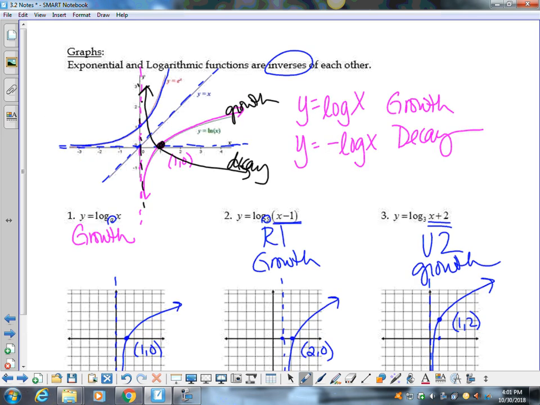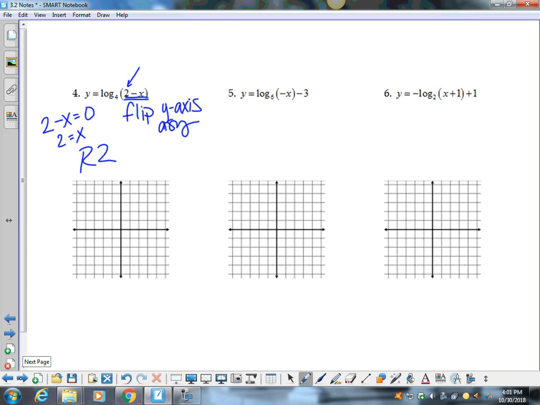If we go back and look at number 2, we went right 1, because technically what you're doing is you're setting that equal to 0 and you're solving it. We're just doing that in our heads. Well, when you have a negative on your x, it affects what your x turns out to be. So better be safe than sorry.